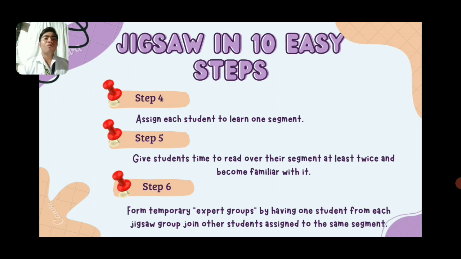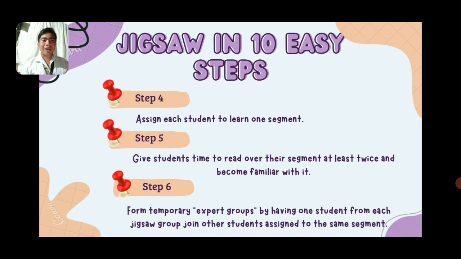Then step 6, form temporary expert groups by having one student from each Jigsaw group join other students assigned to the same segment. For example, the member in group 1 assigned to mountains will group together with those students assigned to mountains in group 2, group 3, group 4, group 5, and however many groups we have.